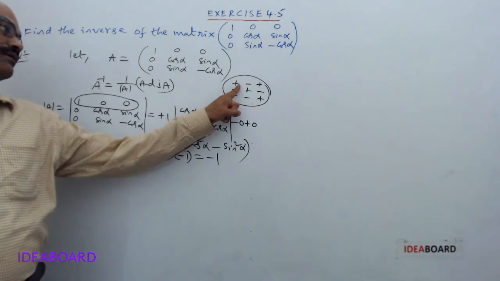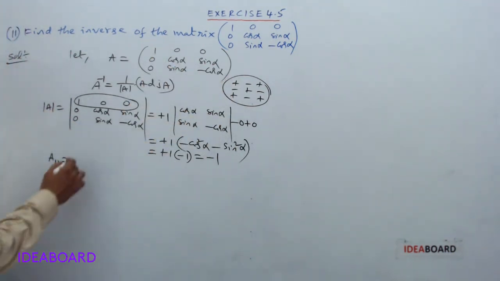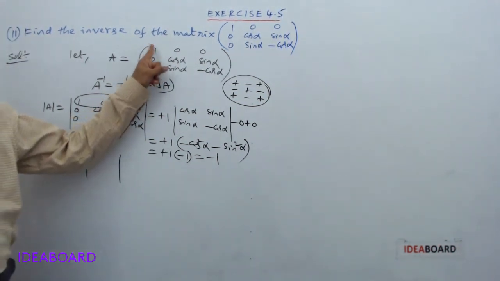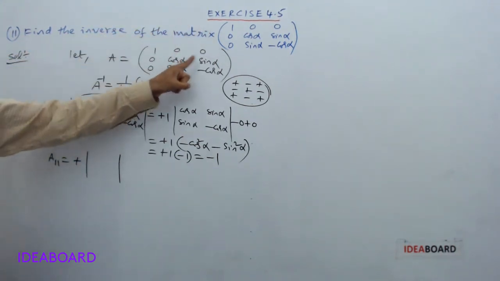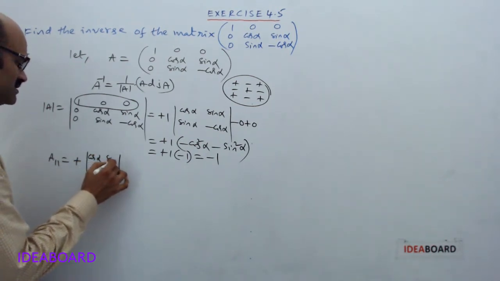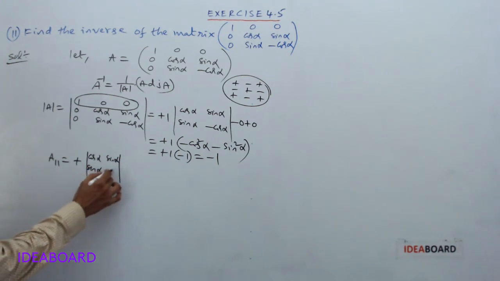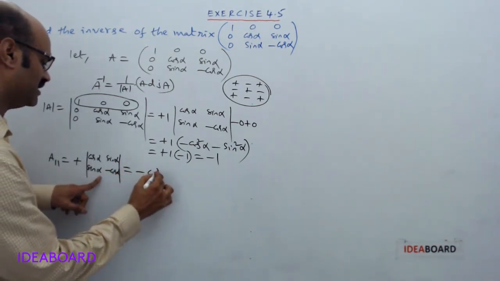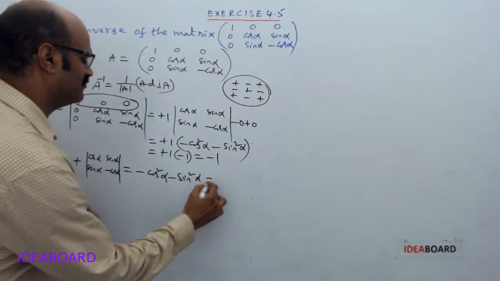For the element 1 we take the sign plus, times the determinant of the remaining elements after removing the first row and first column. So here we have cos alpha, sin alpha, sin alpha, minus cos alpha, which equals minus cos square alpha minus sin square alpha, equal to minus 1.